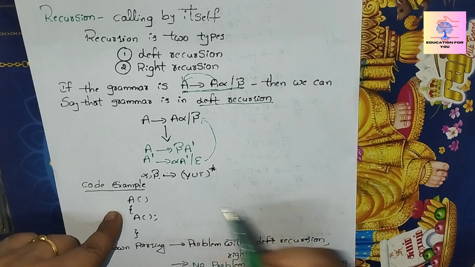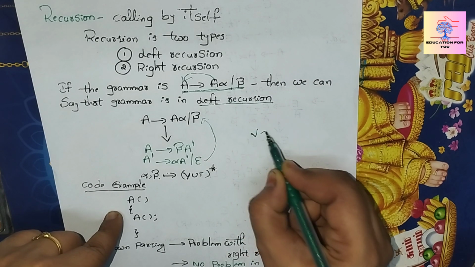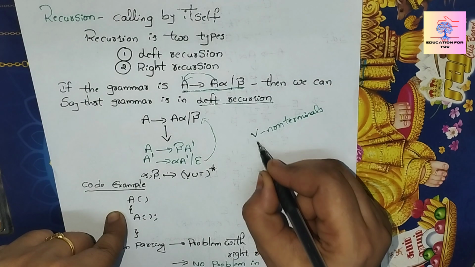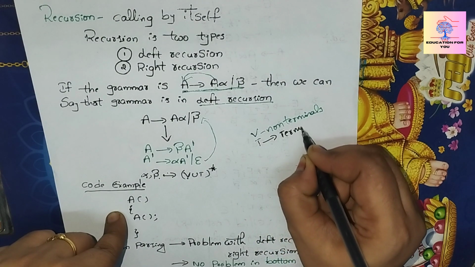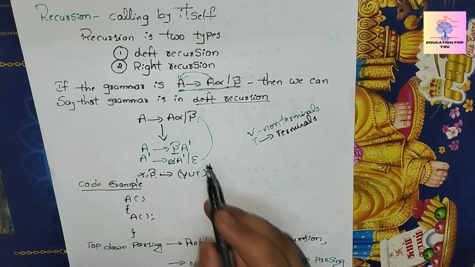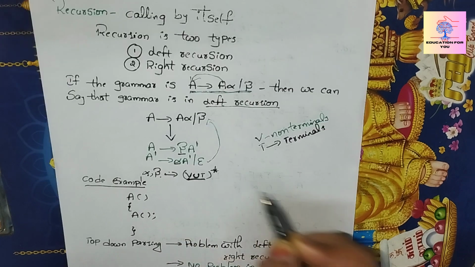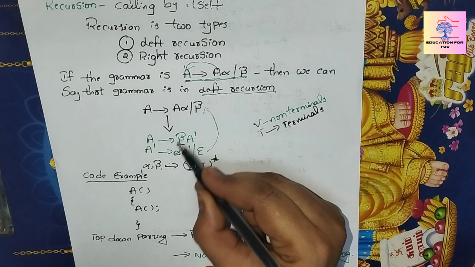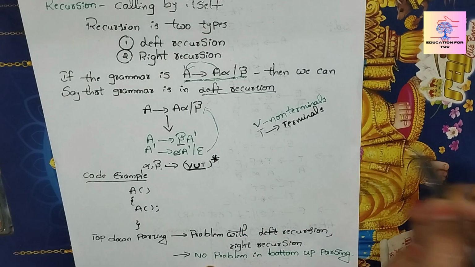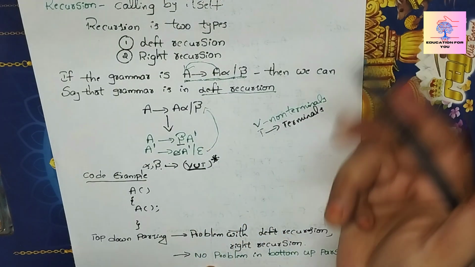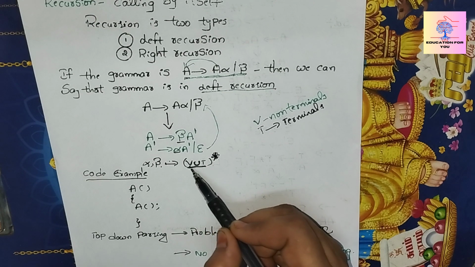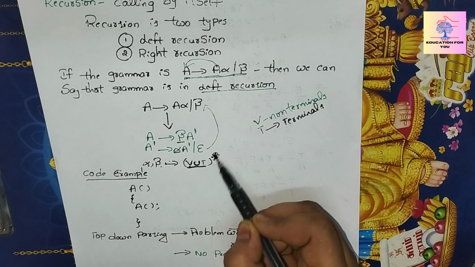In context-free grammar, non-terminals can be represented as V and terminals as T. So alpha and beta may be non-terminals, or terminals, or a combination of both, that is the union. And alpha and beta can occur more than once, that is what the star indicates, one or more times.